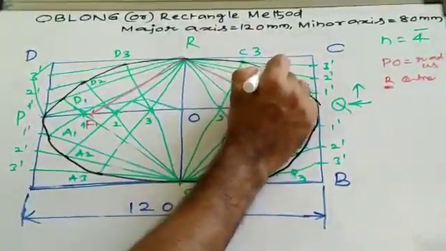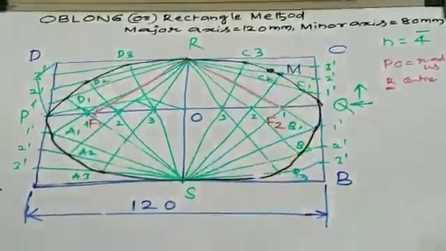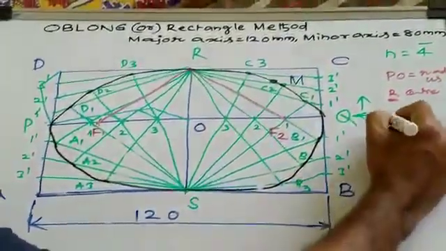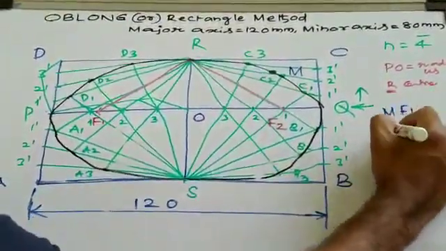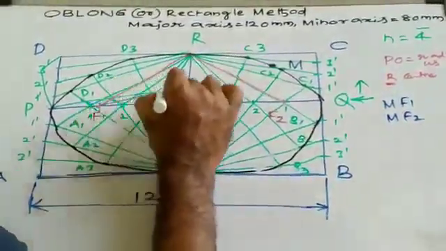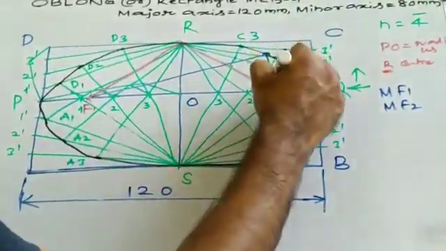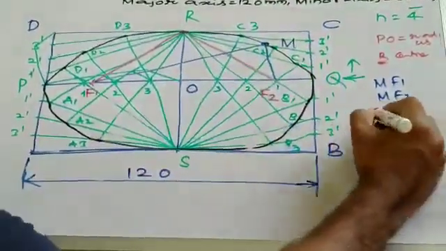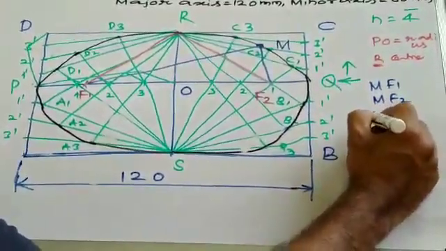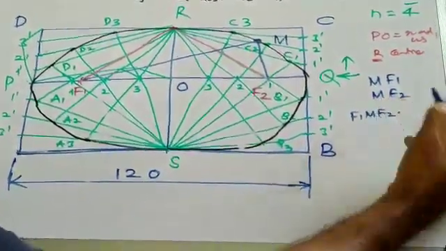Naming this point M. Now join the points M, F1, M, F2. Now you are having an acute angle, M F1, M F2 is acute angle.